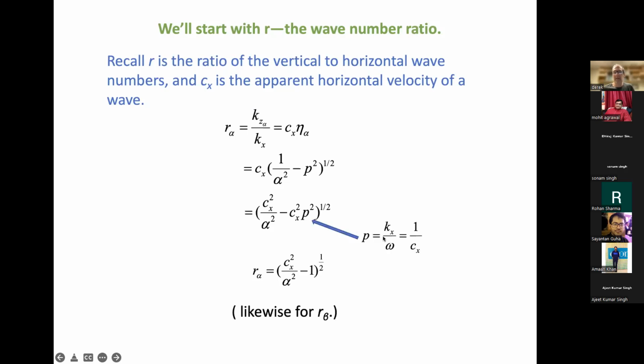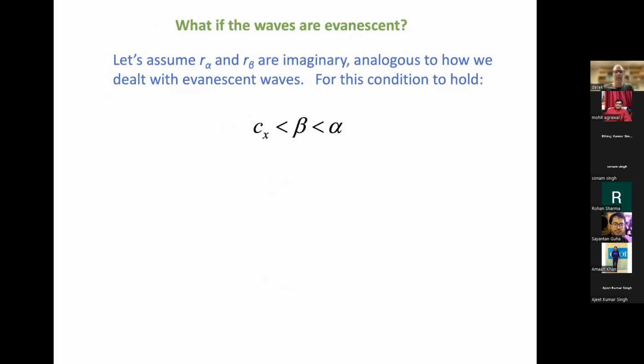And then we can note that P equals 1 over C sub X. So R sub alpha equals the square root of C sub X squared over alpha squared minus 1. And we can do the same thing for R sub beta. The only difference is R sub beta is K sub Z sub beta. So K sub Z is going to be different for the P wave and the SV wave.